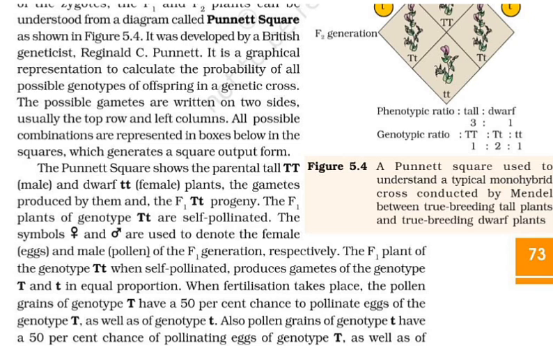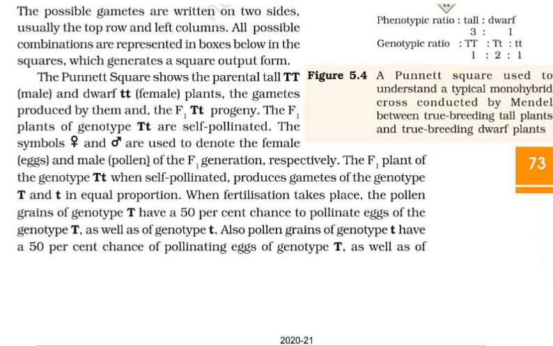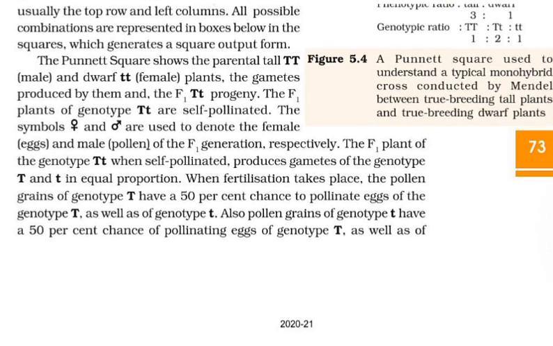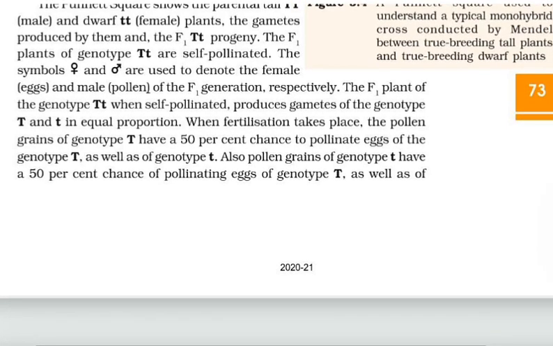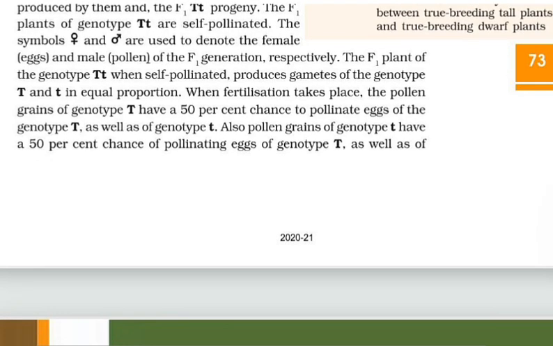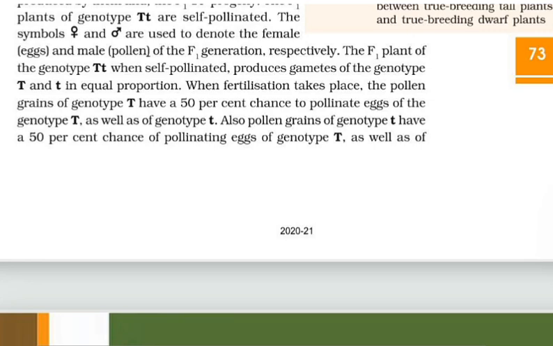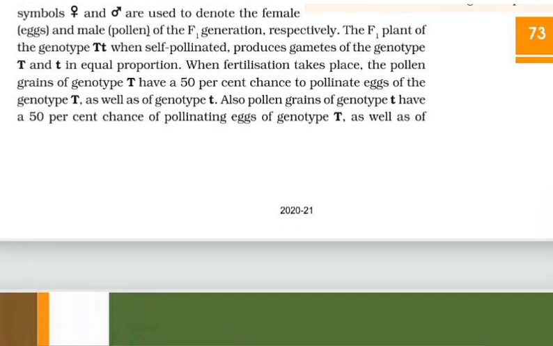Hence, the character T or tall is said to be dominant over the other allele or dwarf character. It is thus due to this dominance of one character over the other that all the F1 are tall though the genotype is capital T small t, and in the F2, 3/4 of the plants are tall though genotypically 1/2 are capital T small t and only 1/4 are capital TT.